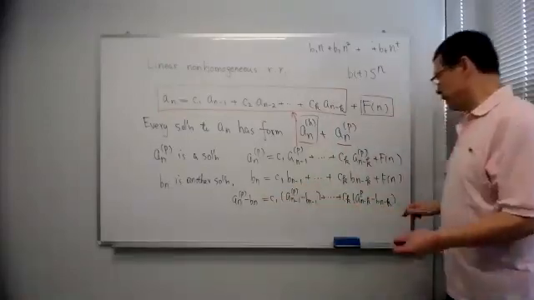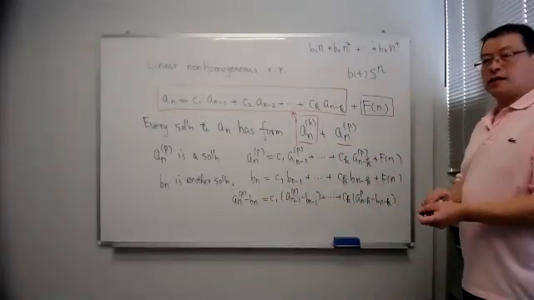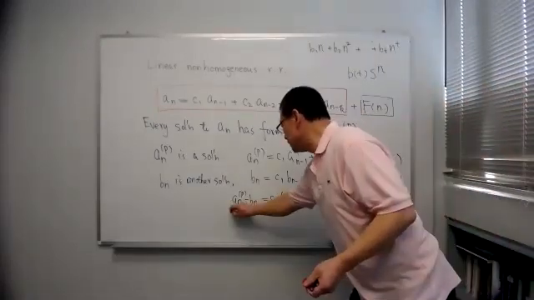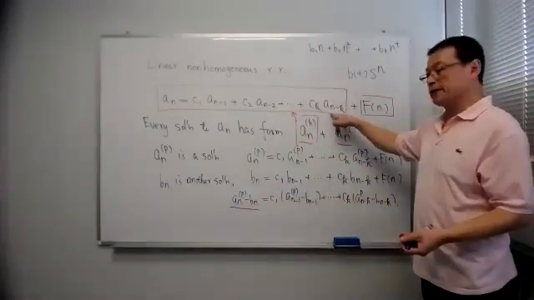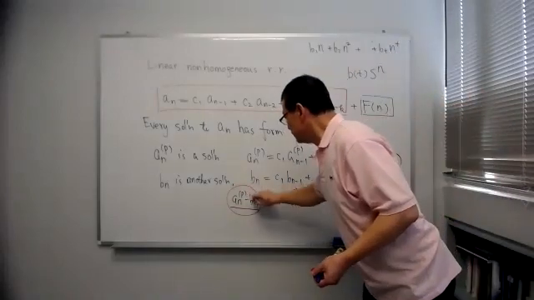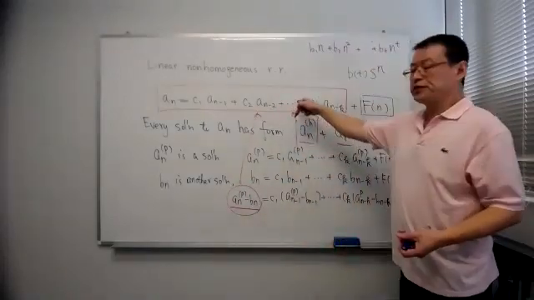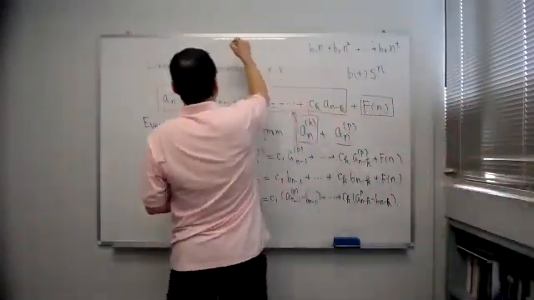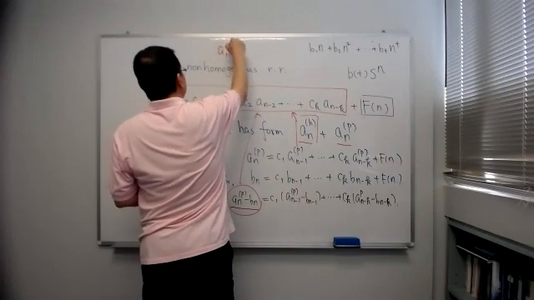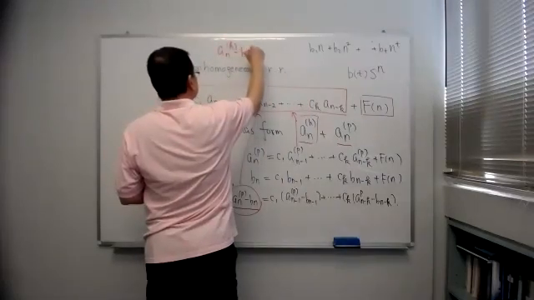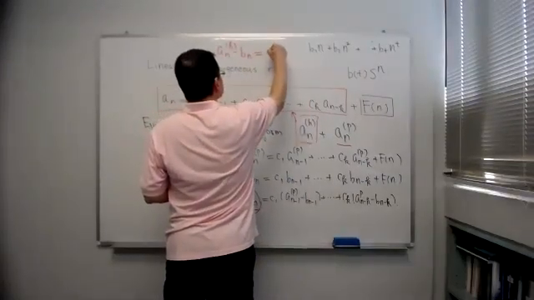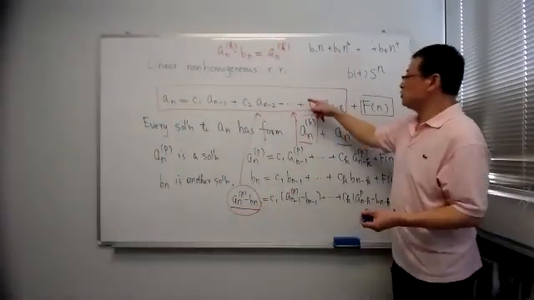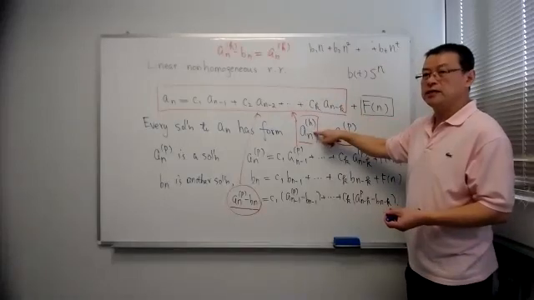So that's what we get. All right. So what does that mean? That means this one is a solution from the homogeneous part. This is a solution of this one. So this is a solution of the homogeneous part. So that means, because this one is a solution from the homogeneous part, which is this one.